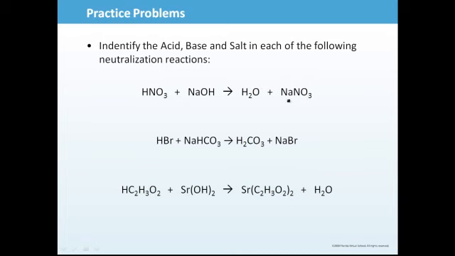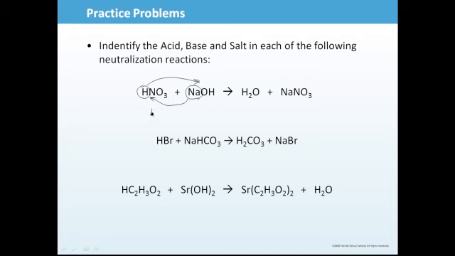So on the right side, it is without hydrogen. So that means it must have given it up. So the HNO3 is donating that hydrogen to the NaOH. And this one actually does follow the Arrhenius theory, because that NaOH is then going to replace the H with the NO3.